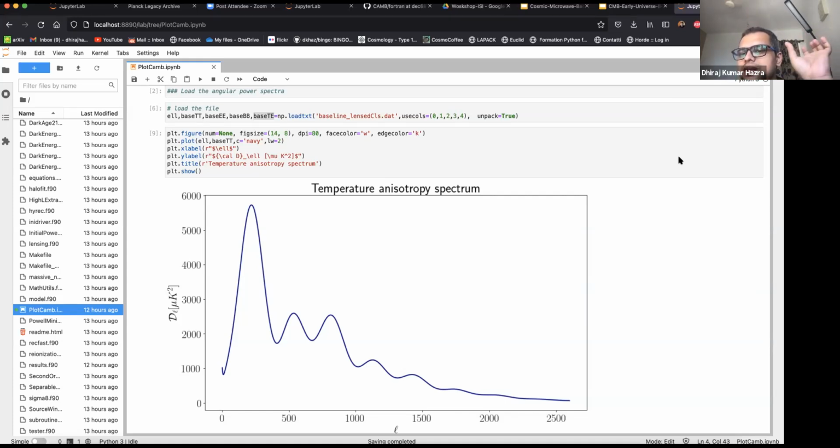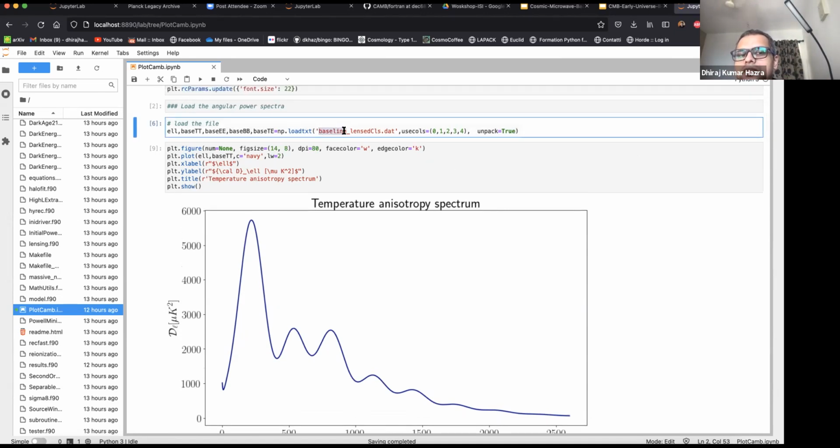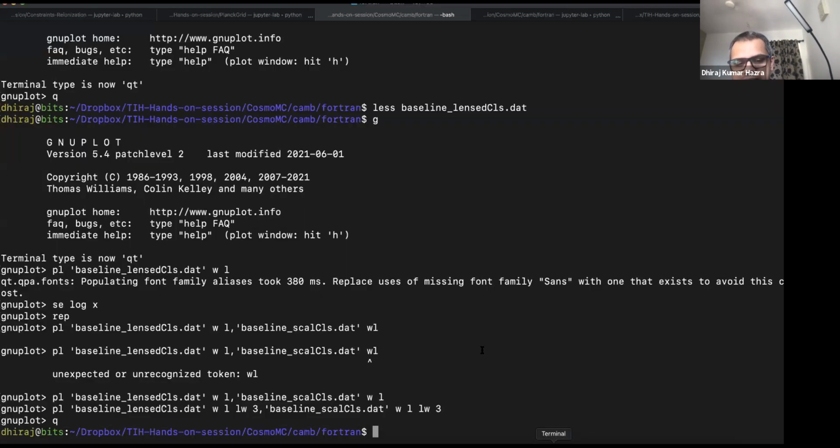The prefix should be baseline if you have been able to change the output root in the Planck 2018.ini file, or it will be Planck_2018_lenscls.dat. I would urge you to make the change from Planck_2018 to baseline inside that file. Any files? No, this is not what I want. I want to see this.